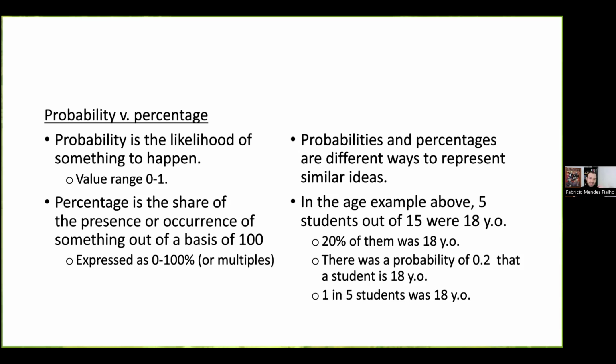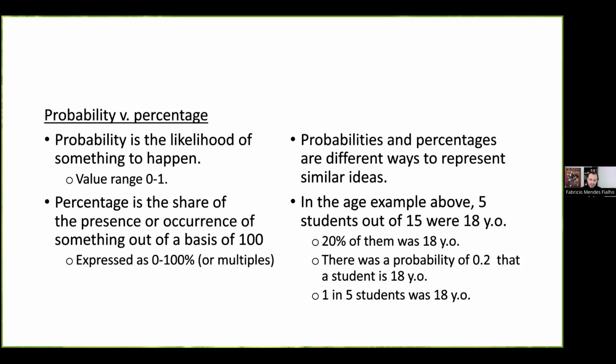Even though probabilities and percentages are different, they may be used to express similar ideas, right? The way we express our findings in probabilities and percentages is slightly different. For instance, in the example I just showed in the previous slides about the age of students, I interviewed 15 students, and 5 of those 15 told me they were 18 years old.